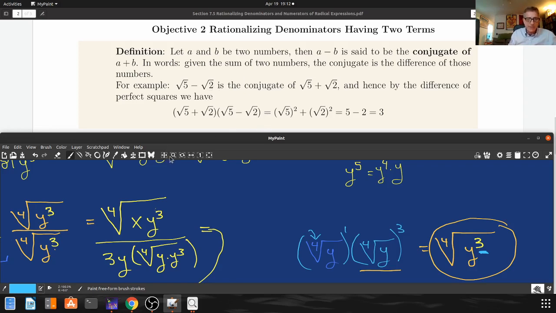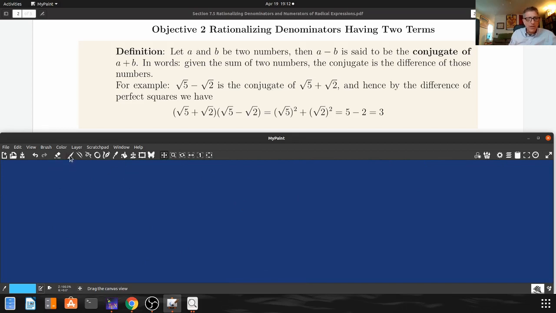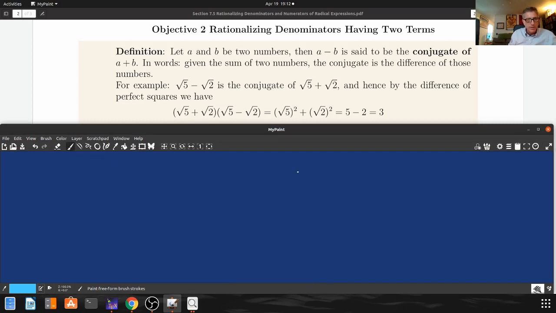But look what happens. Why do we care about this? The whole point is our beautiful old difference of squares formula. If I have A minus B times A plus B, then the result is A squared minus B squared. So the square root of 5 plus the square root of 2 times the square root of 5 minus the square root of 2 is the square root of 5 squared, and that's supposed to be a minus.